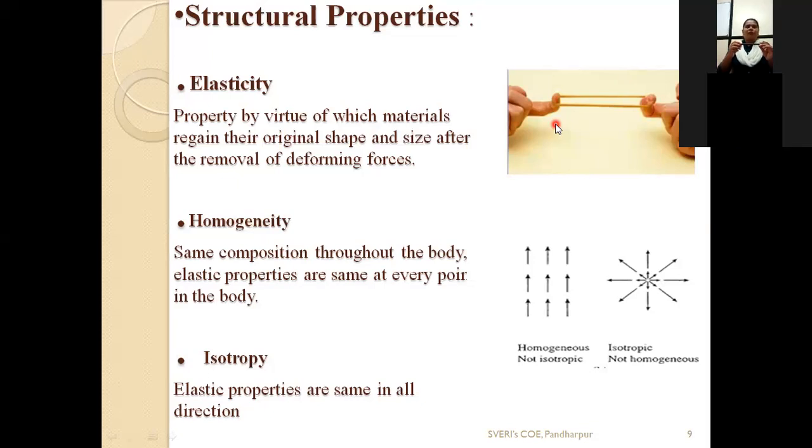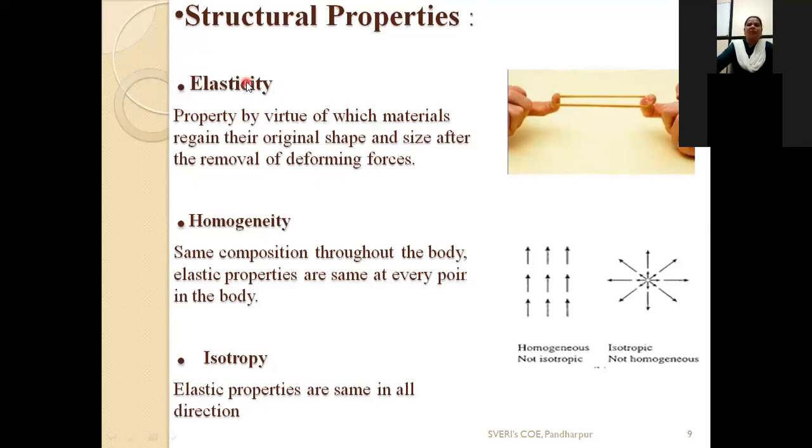Okay. So rubber or similar rubber materials, when you apply load on them, regain their original shape and size. This property is known as elasticity, and this material is known as elastic material. Now you tell me, what is the opposite of this elasticity?